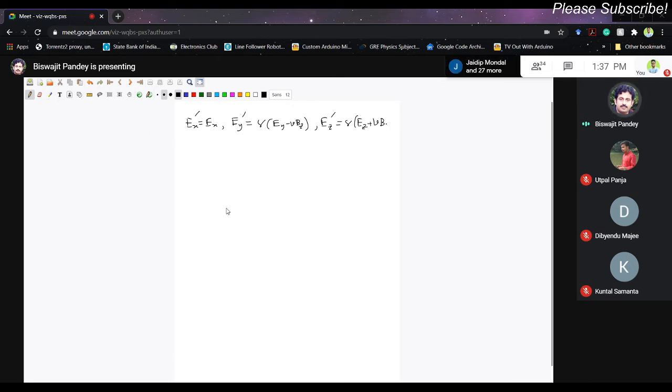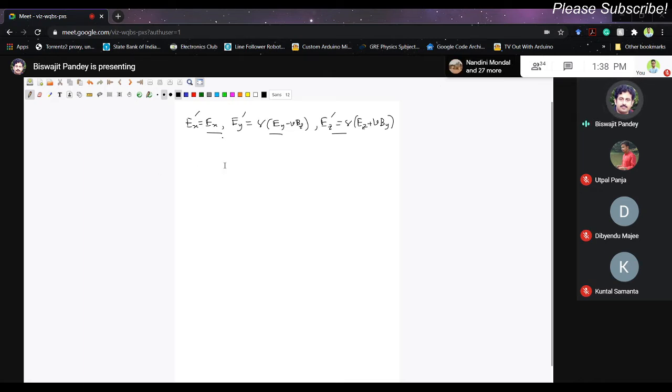Now, this is certainly not the transformation of a four-vector. First of all, we have three components here, no time component. So definitely, electric field is not a four-vector, and so is the magnetic field.